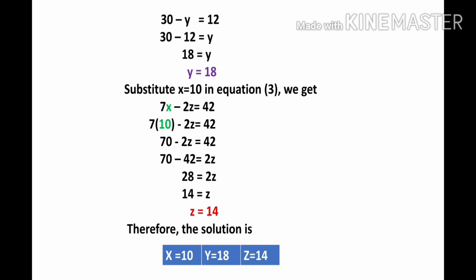So 70 minus 42 is 28, so 28 is equal to 2z. Now simplify this: 2 14s are 28. So we get 14 is equal to z. I write z is equal to 14.